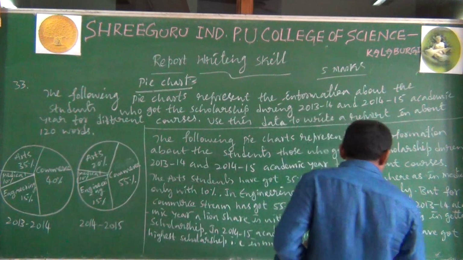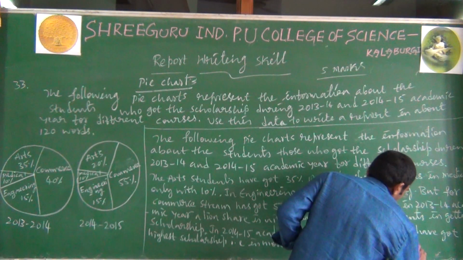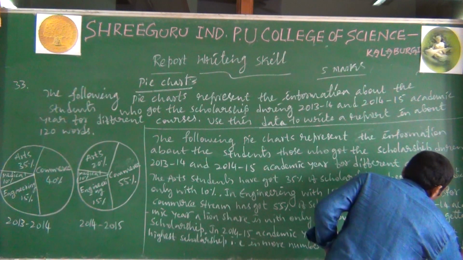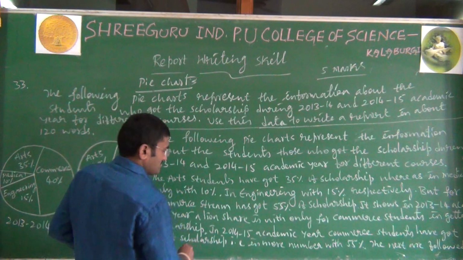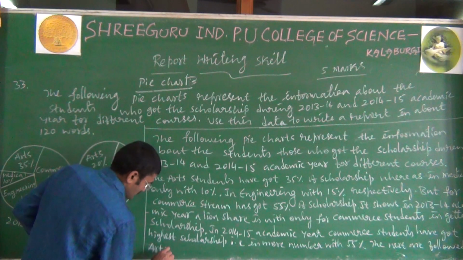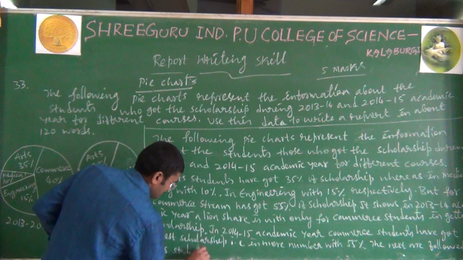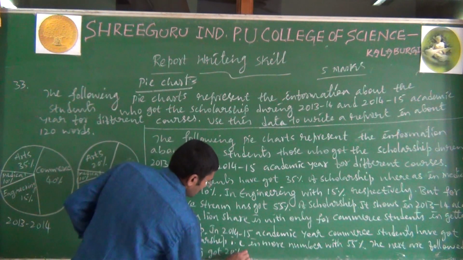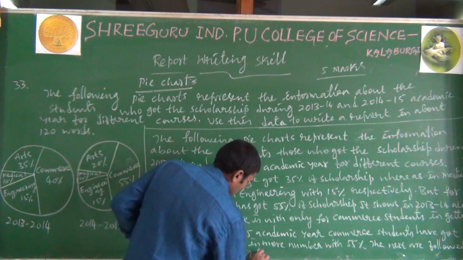The next are followed by arts. Arts students got 20% of scholarship.